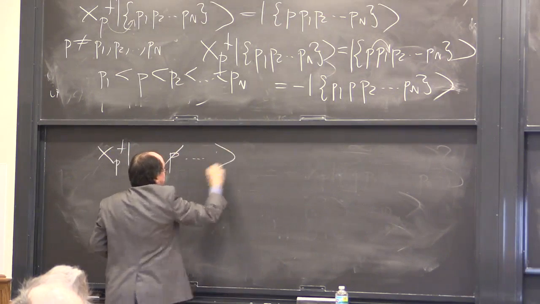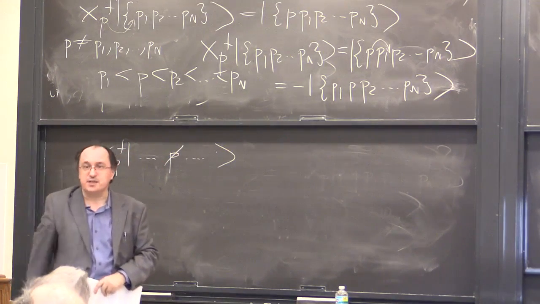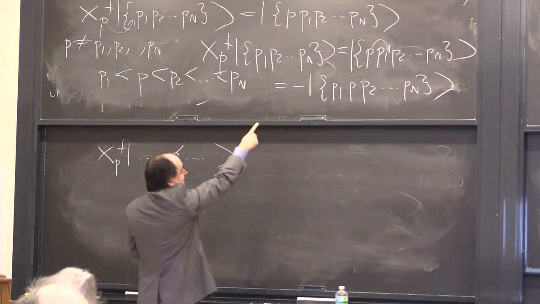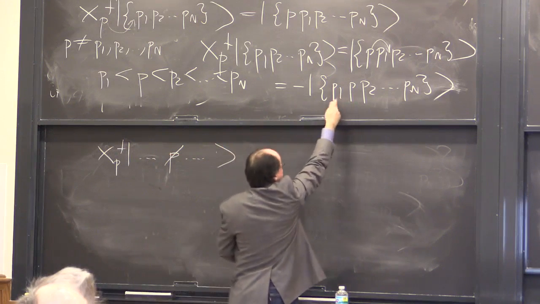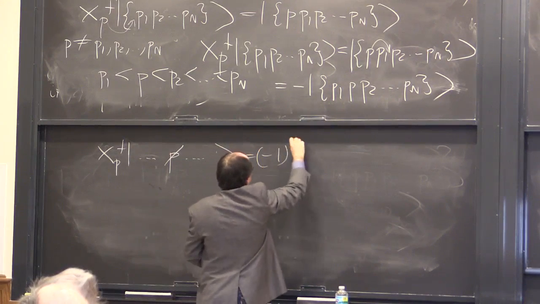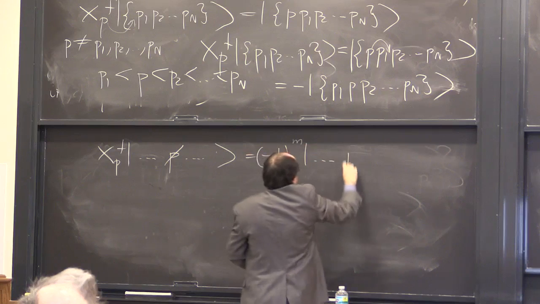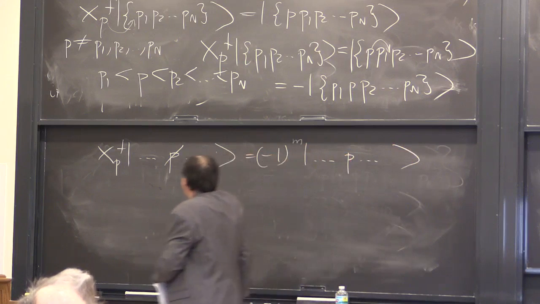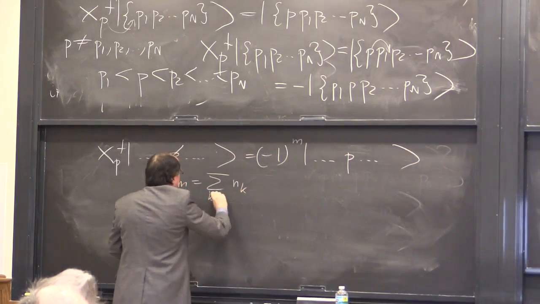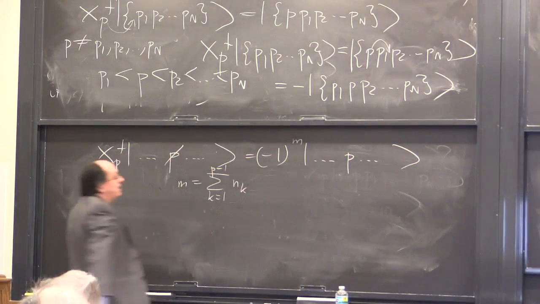You remember that's the notation we used: the cross on p means there is nothing there. According to our definitions, there may be a sign change which corresponds to what you have before a given level. So it's going to be again minus 1 to that m that we used before, and you're going to now put p back. And this m is simply a sum of all the occupation numbers n_k preceding level p.